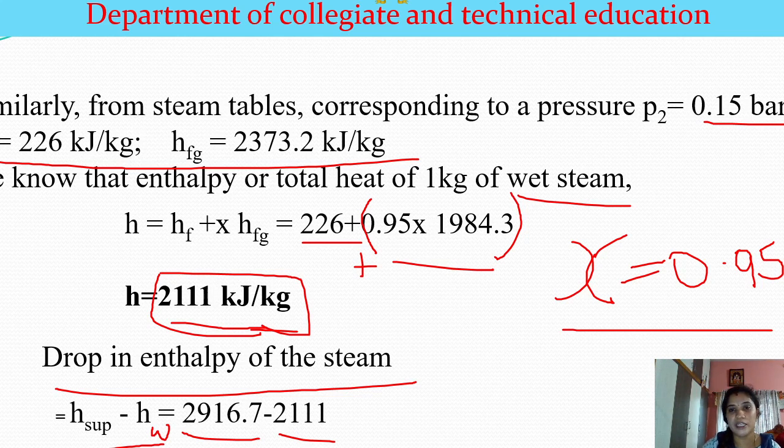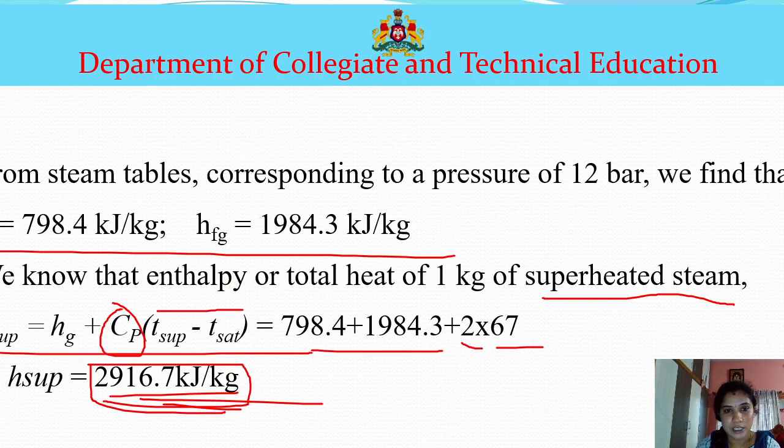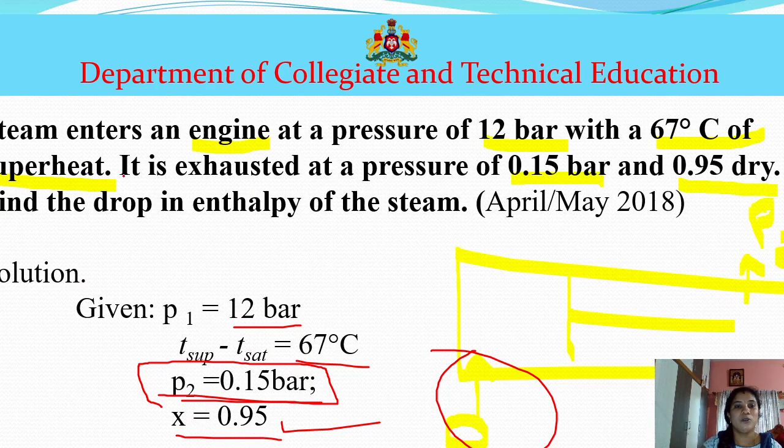I think you have understood the problem. Shall we recall it once again? In this particular problem, they had given two conditions of the steam. One was a superheated condition and another was a wet condition. They have asked us to find the drop in enthalpy of the steam, how much enthalpy of steam was reduced when it was expanded from pressure 12 bar to pressure 0.15 bar.